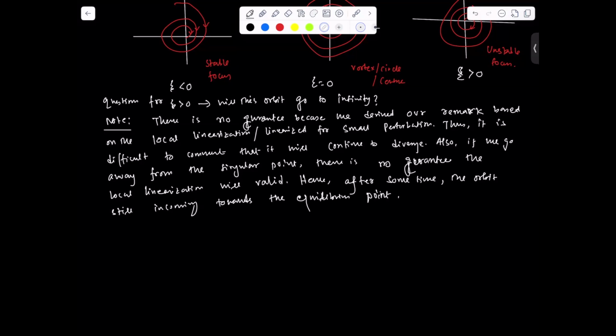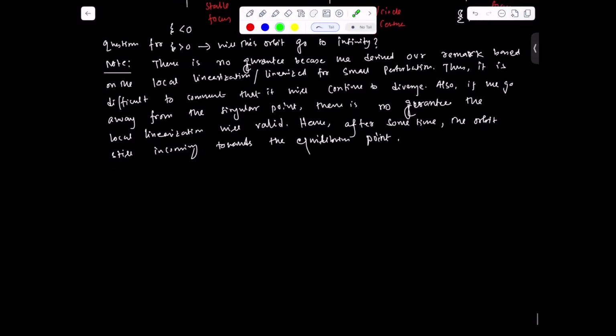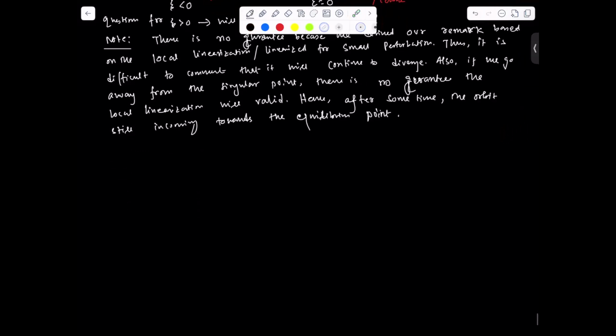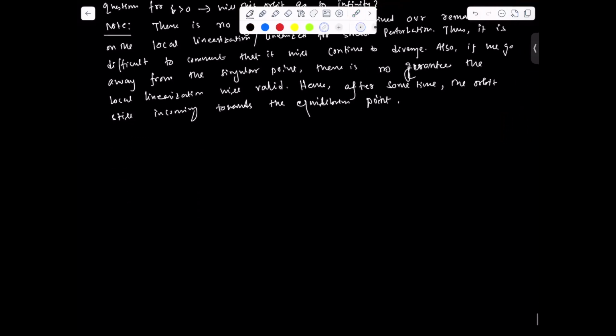So based on this comment, we can come up with some kind of phase portrait, something like this. Very, very important. Maybe for some condition of zeta, we can have the unstable focus, but for some other condition, maybe we can have something like this.